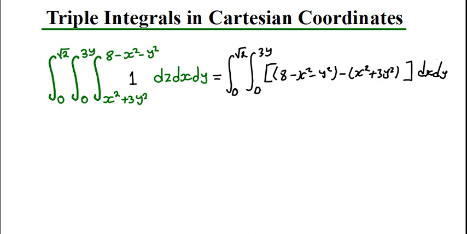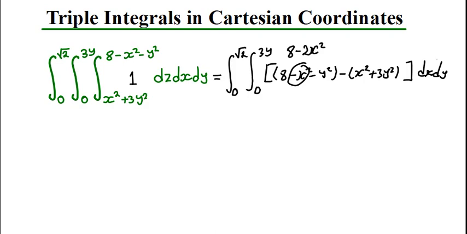This is just going to be 8 minus 8 minus x squared, and distributing that negative, you're going to have another minus x squared, meaning you have minus 2x squared.